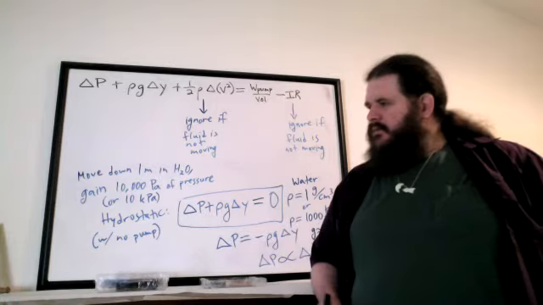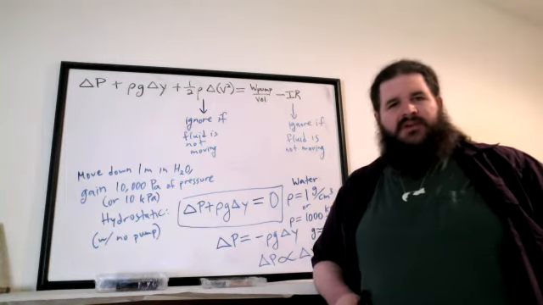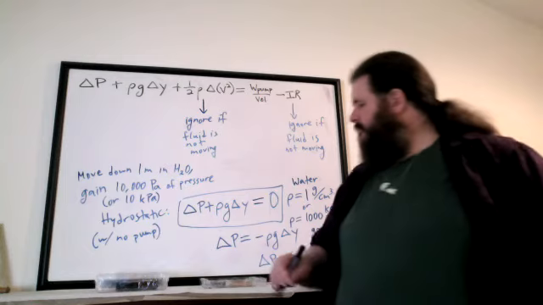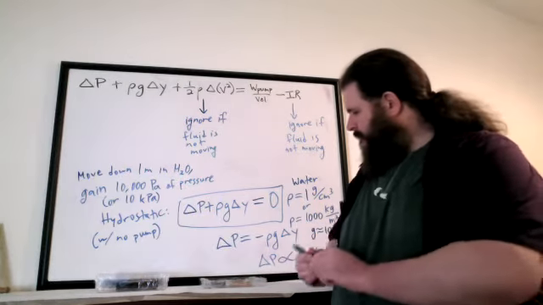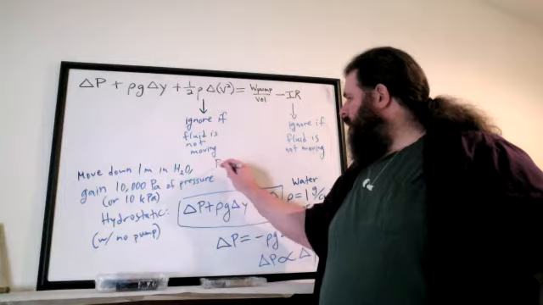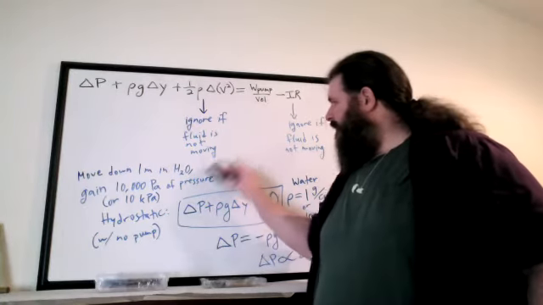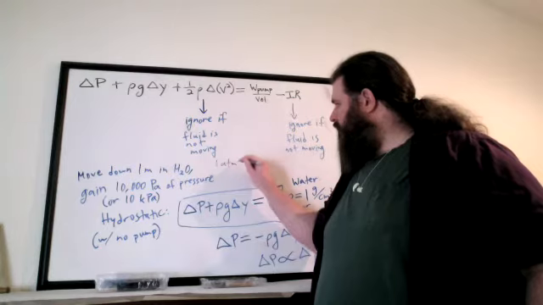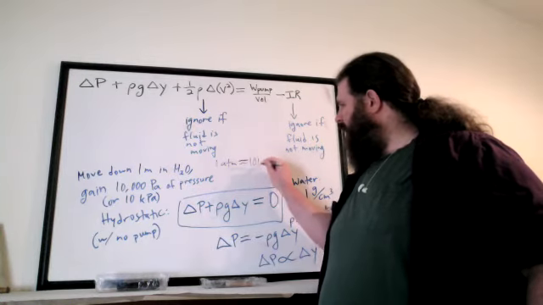And do you remember how much 1 atmosphere of pressure is? 101 point something kilopascals. The atmospheric pressure, 1 atmosphere of pressure, is, I think it's 101.3 kilopascals.